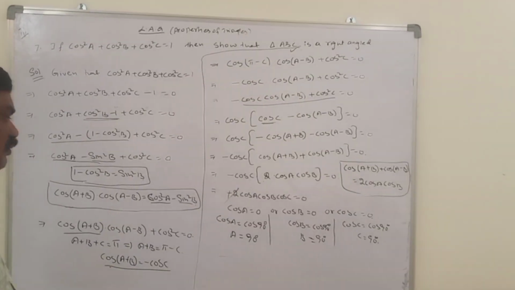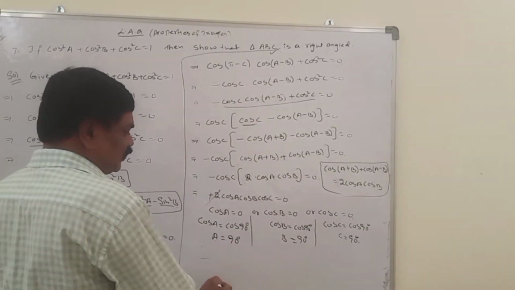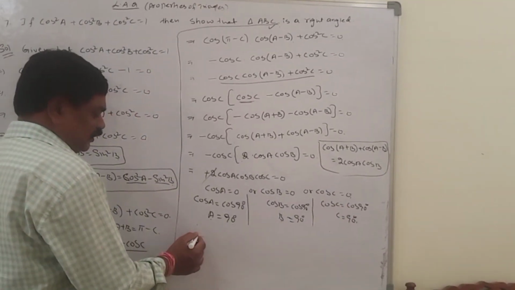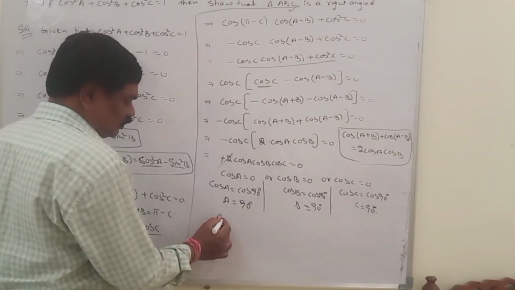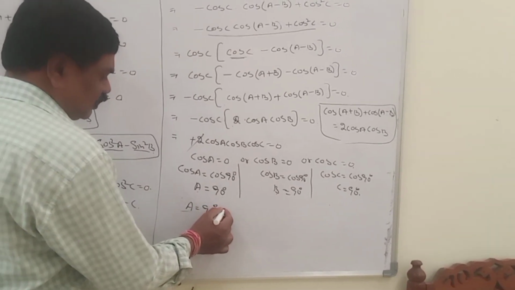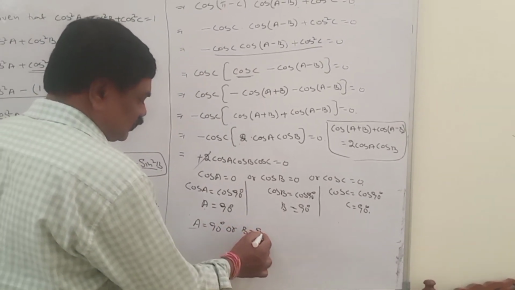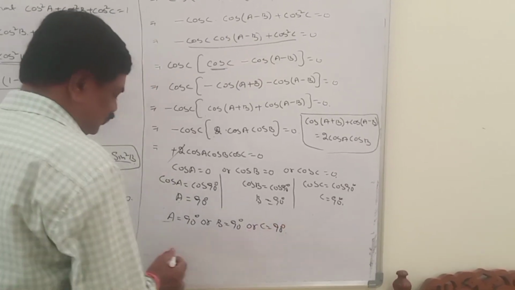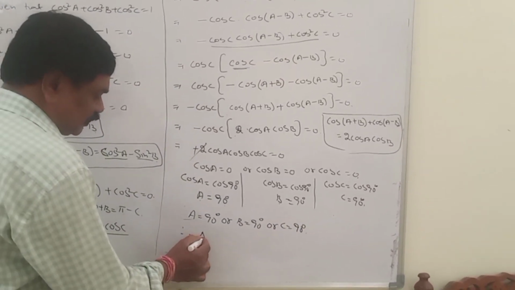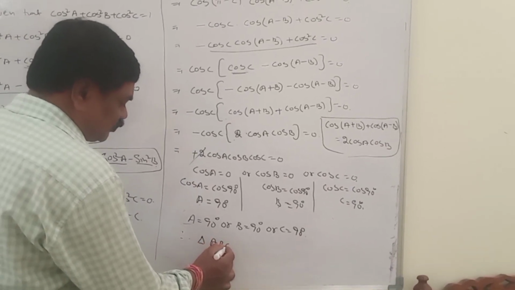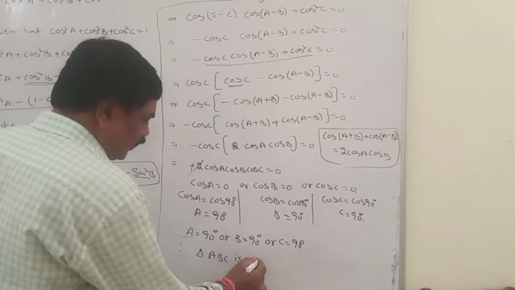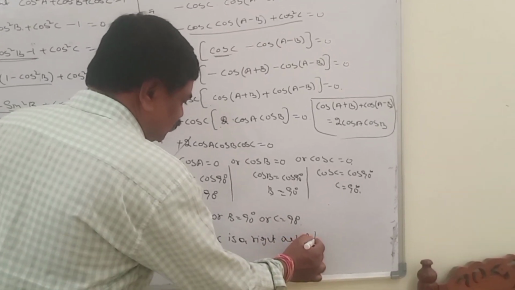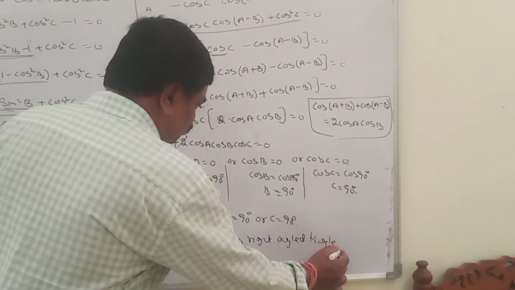Therefore A is equal to 90 degrees, or B is equal to 90 degrees, or C is equal to 90 degrees. Therefore we conclude that triangle ABC is a right angled triangle. Okay, all of you.